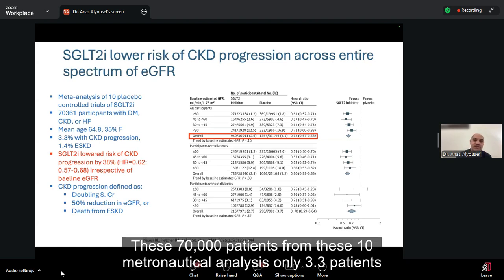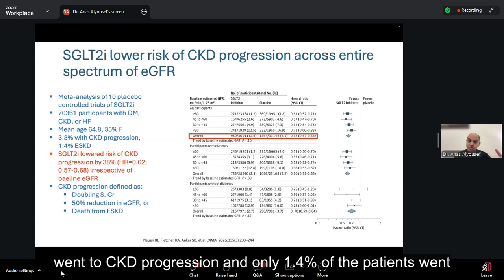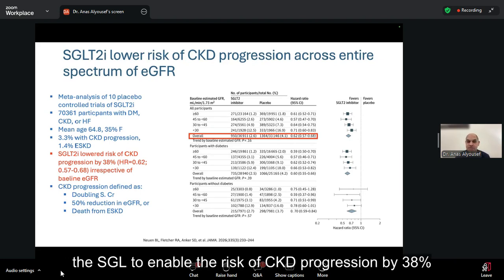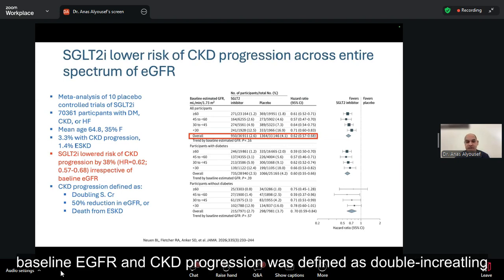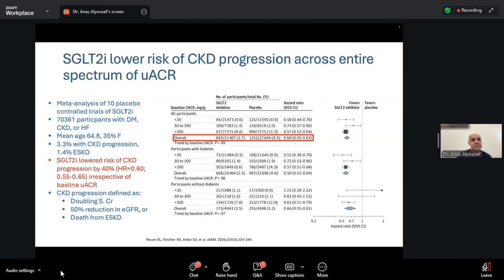From these 70,000 patients, only 3.3% went into CKD progression, and only 1.4% of the patients went on to reach dialysis. The SGLT2 inhibitors lowered the risk of CKD progression by 38%. This was statistically significant, irrespective of the baseline eGFR, and CKD progression was defined as doubling of serum creatinine, 50% reduction in eGFR, or death from end-stage kidney disease.